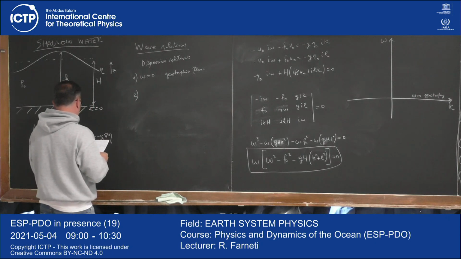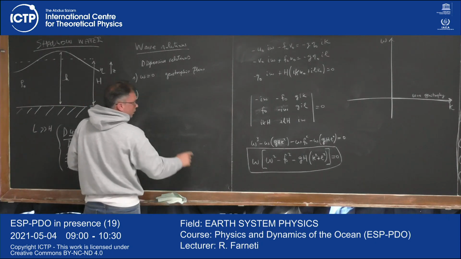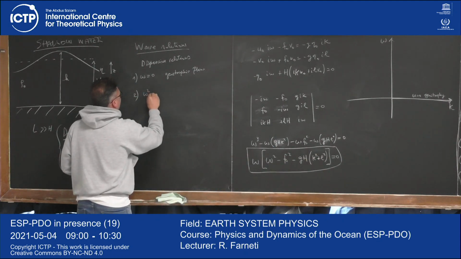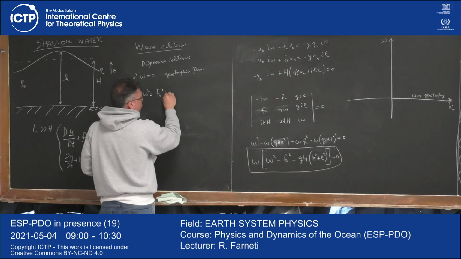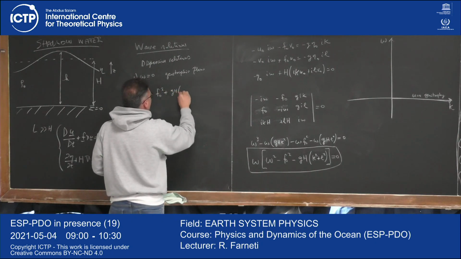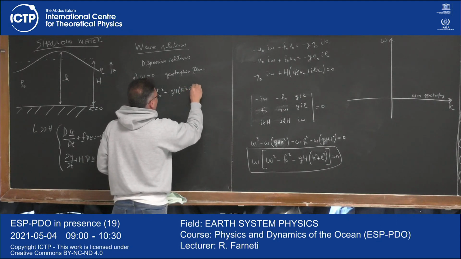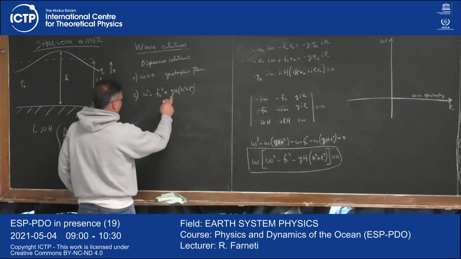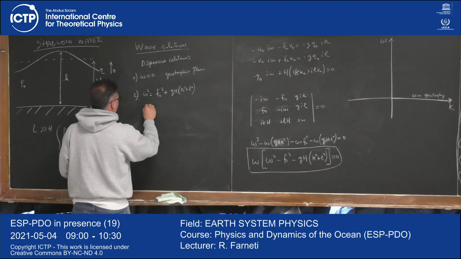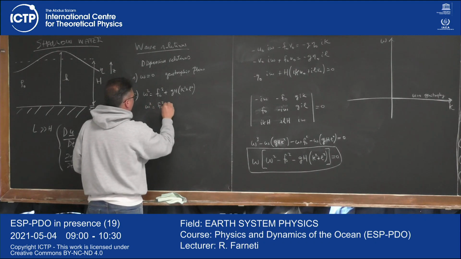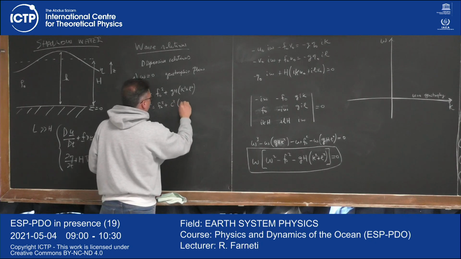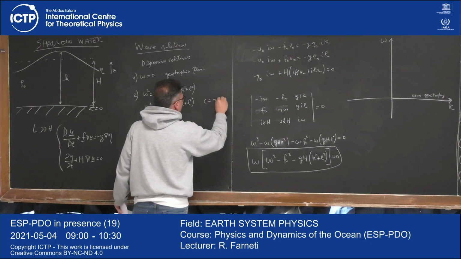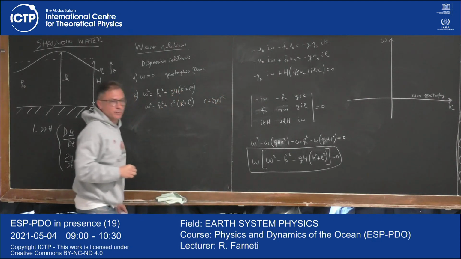Then you have the second solution, which is slightly more interesting, which is that this has to be equal to 0. So omega squared equals f naught squared plus gh times k squared plus l squared, or omega squared equals f naught squared plus c squared times k squared plus l squared, where c is the square root of gh, the phase speed of a gravity wave.